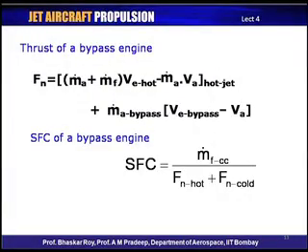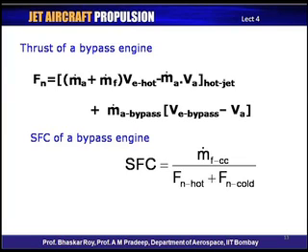So, the thrust of a bypass engine can be written down in terms of various components of the jet engine that we had looked at. Gross thrust is created in terms of the V e multiplied by the fuel burnt and the air that has come in, and this is of course in terms of your hot jet.